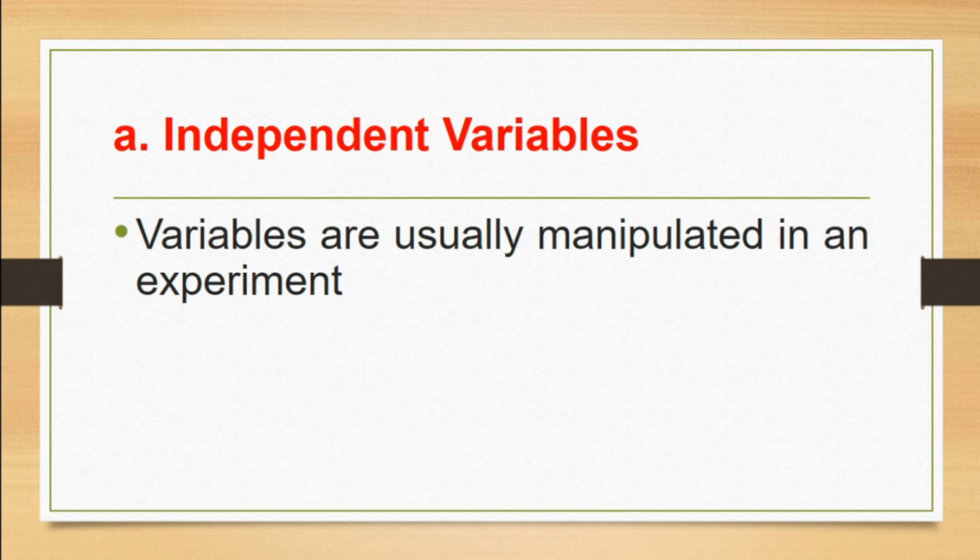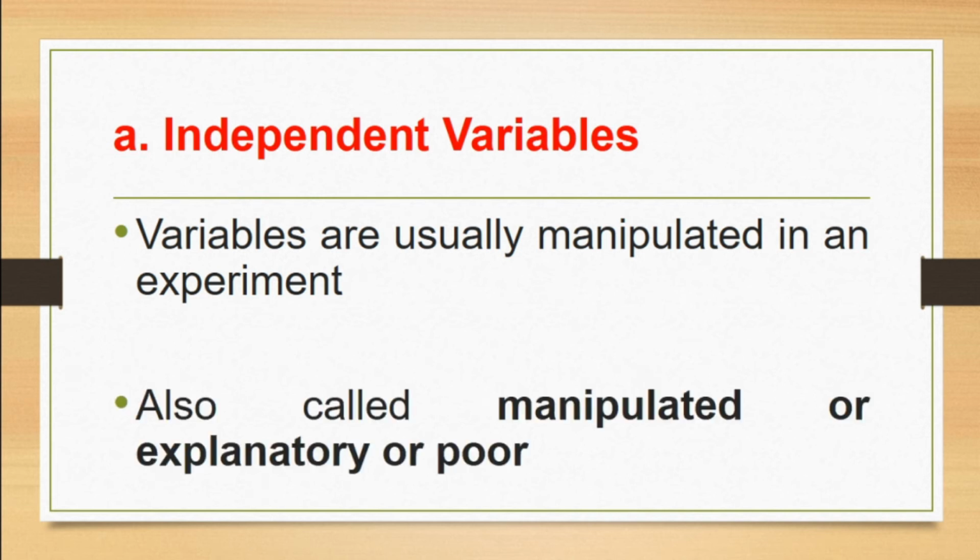So, ito yung palaging na-manipulate in our research or in our experiment. It is also called, always take note, the other term for independent variable, the manipulated, no? Or the explanatory or the predictor. So, yan yung independent. Ito yung pwede nating ma-change, si independent, no?